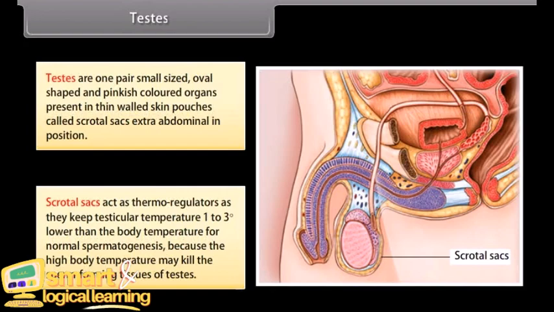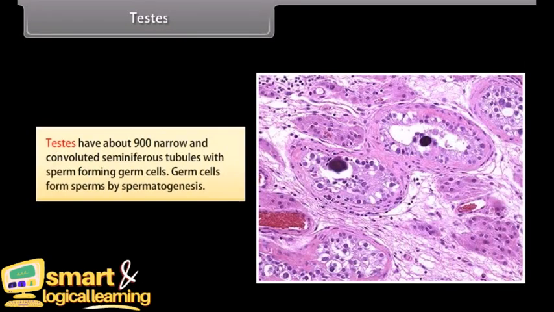Testes have about 900 narrow and convoluted seminiferous tubules with sperm-forming germ cells. Germ cells form sperms by spermatogenesis.